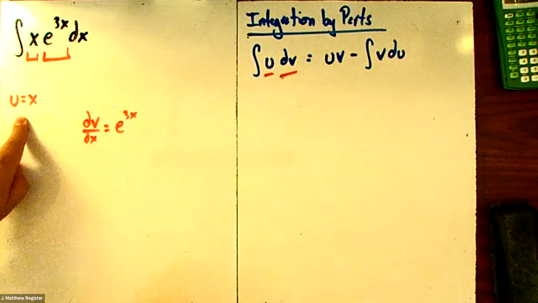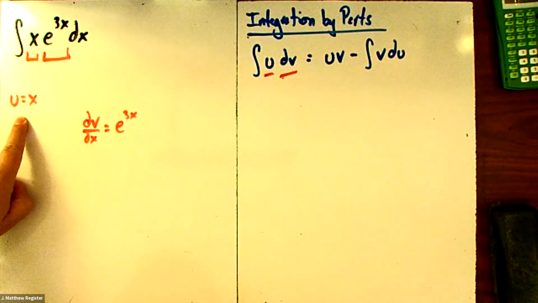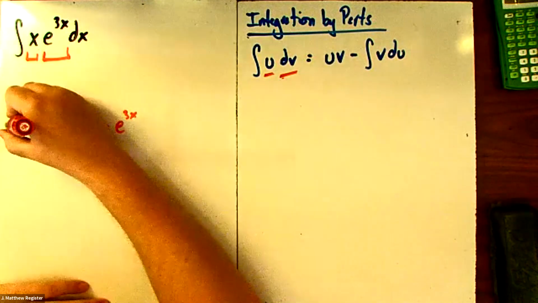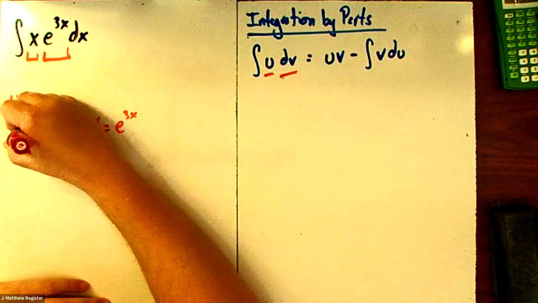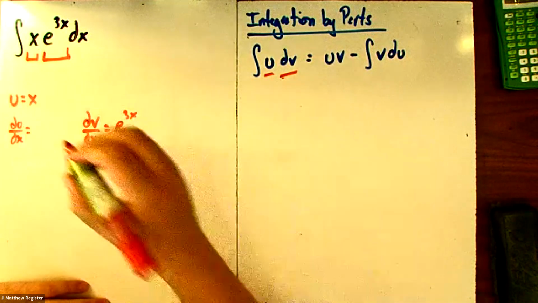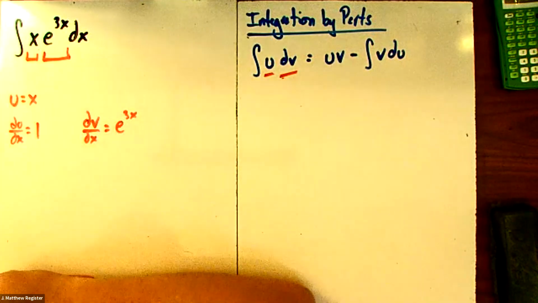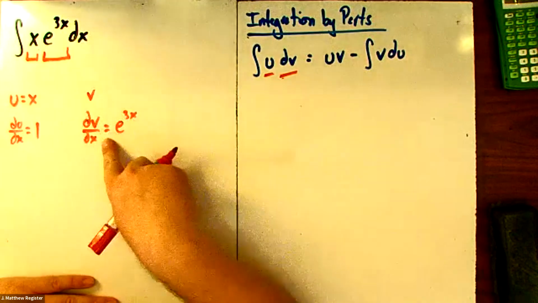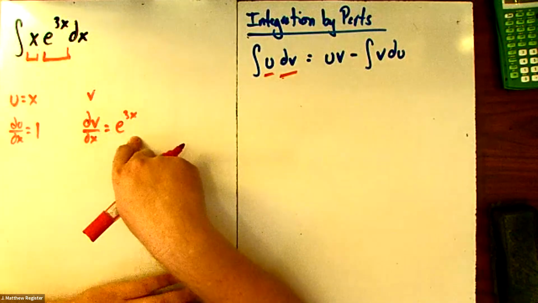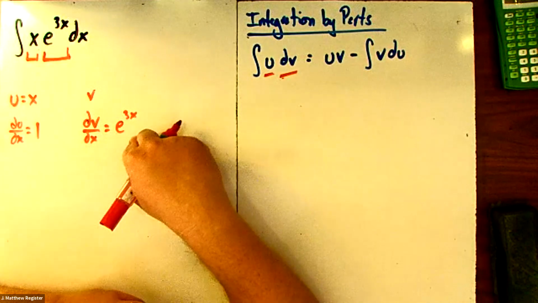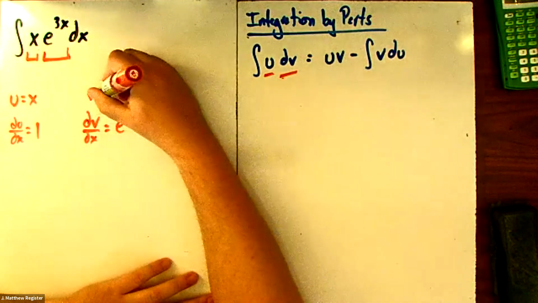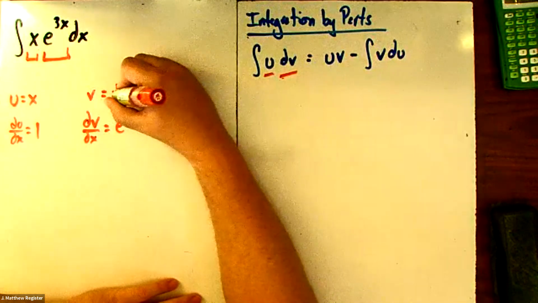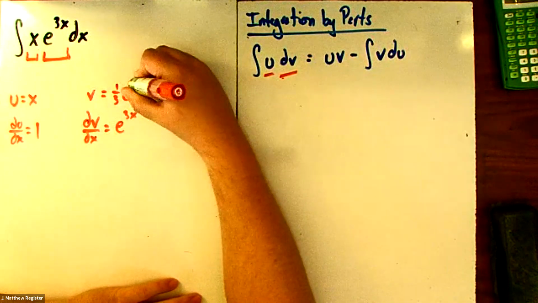The reason I chose our u to be the x value is because when we take the derivative of u, we would get du dx is just equal to 1. Our v value, well, to get v, we would have to take the integral of e to the 3x. And we can take the integral of e to the 3x. It's not as easy as taking the derivative, but it's not that much harder. We get a 1/3 e to the 3x.